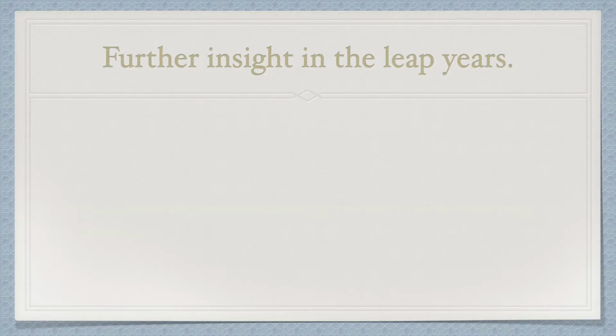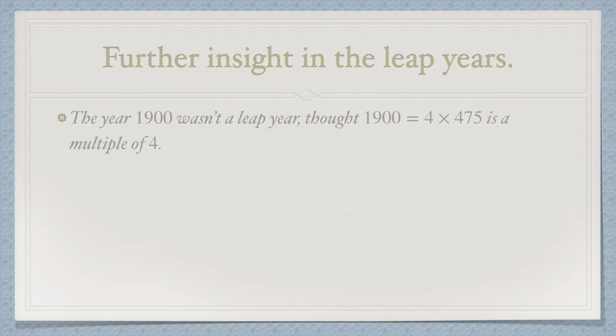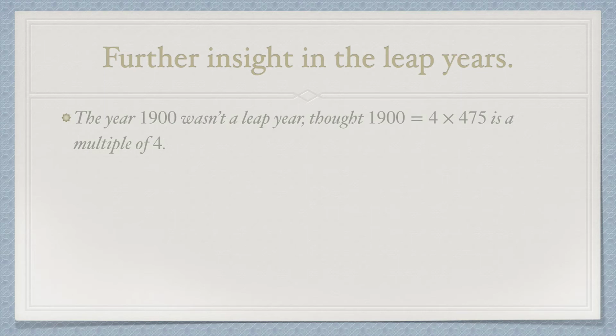But we haven't finished with the leap year's exploration. Let's go further. In fact, the year 1900 wasn't a leap year, though 1900 is a multiple of 4. Nor were the other century years, except the year 2000, but it's another question.